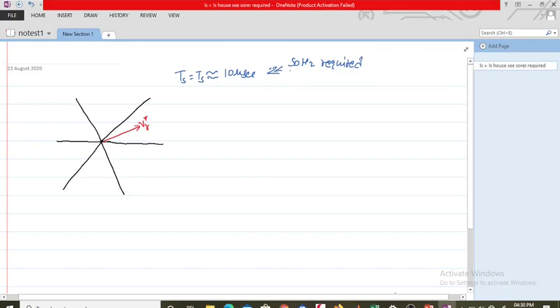Okay, 50 hertz time signal means 20 milliseconds. So obviously this reference vector will be moving accordingly over 20 milliseconds, or you can say the 50 hertz response.